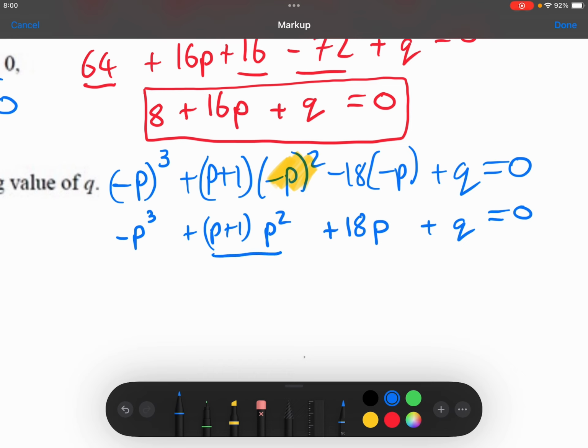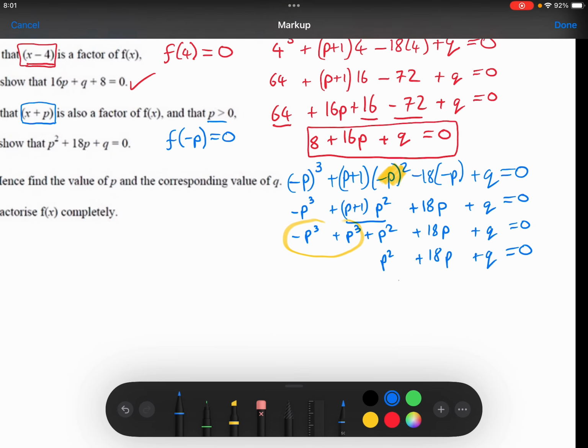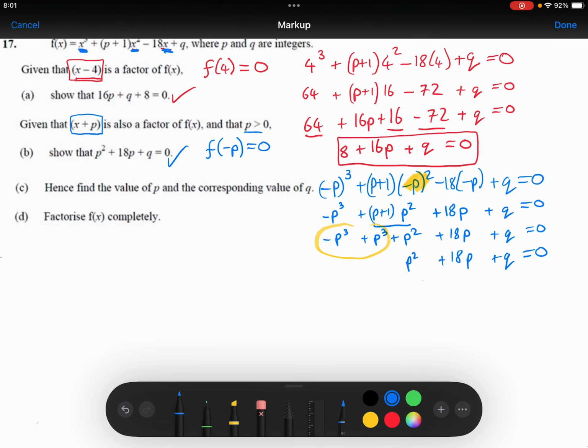Expanding these brackets here. The p times p squared is p cubed. The 1 times p squared is p squared. And now notice that the minus p cubed plus p cubed is going to cancel each other out. So I'll just be left with p squared plus 18p plus q is equal to 0. And now just comparing to what we needed to show, we've done it. So that's part B done.